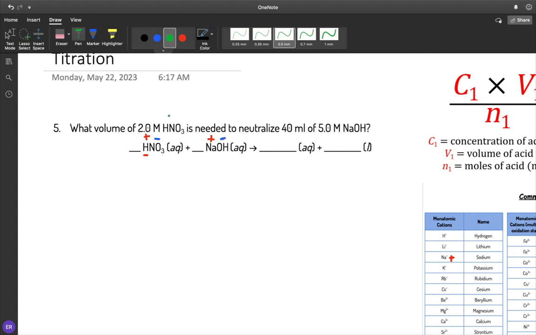So when we do that, we can see which ones are going to switch out. You can either switch both of the negatives, so that way we still have a compound that has a positive and a negative, or we can switch out the positives. And again, that way we still have compounds that have positives and negatives. So I'm going to go ahead and switch out the H and the Na.